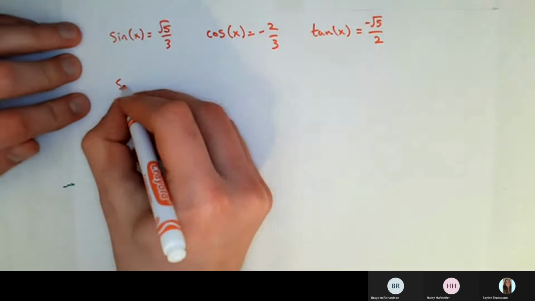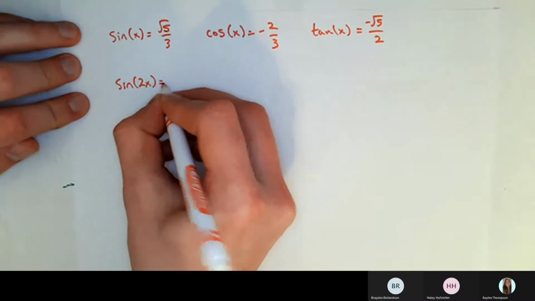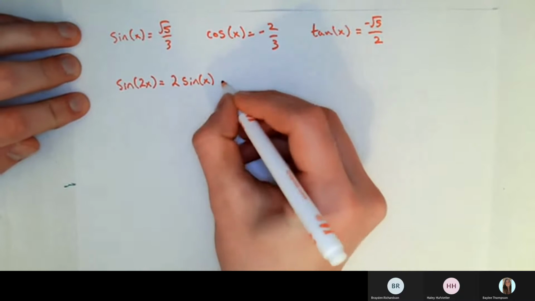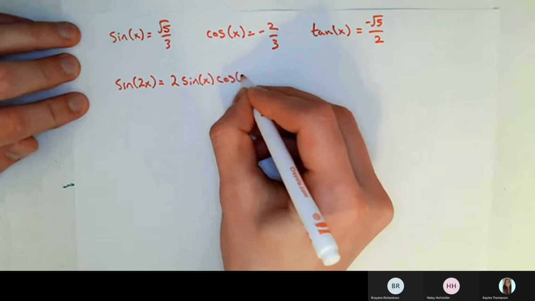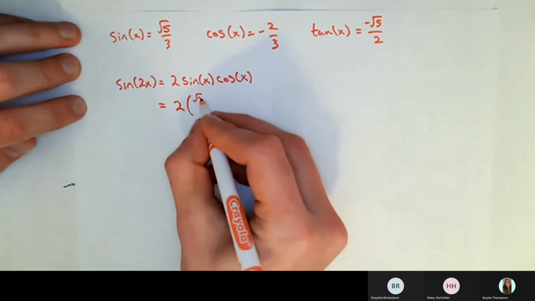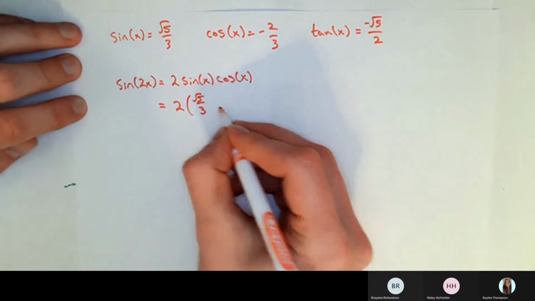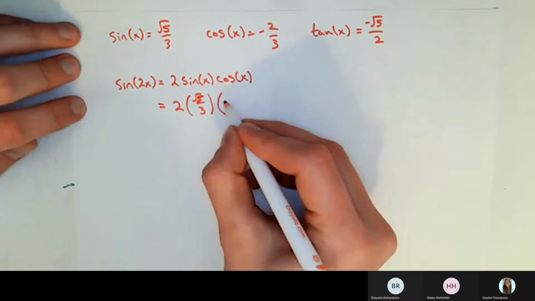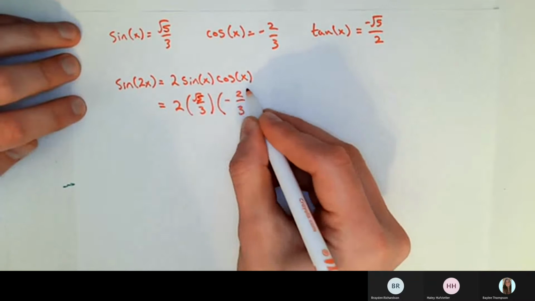Okay. Sine of 2x is equal to twice sine x cosine x. So that means I'm going to say twice of square root of 5/3. That's a really ugly square root of 5/3. And then times cosine of x, which is negative 2/3.